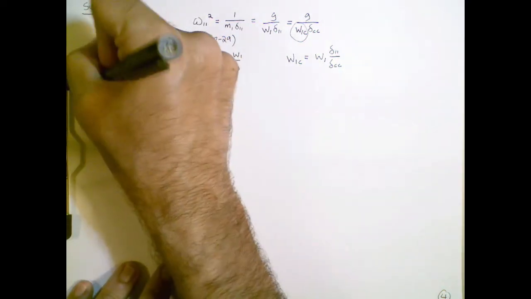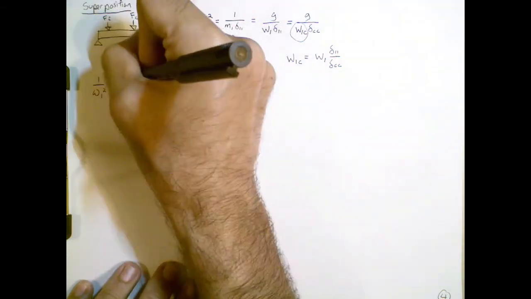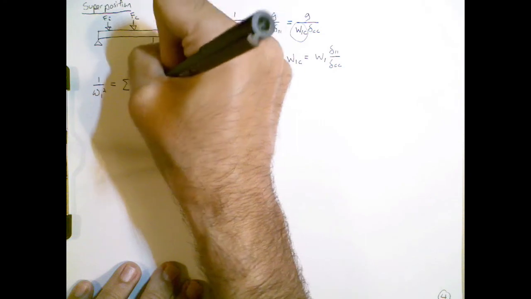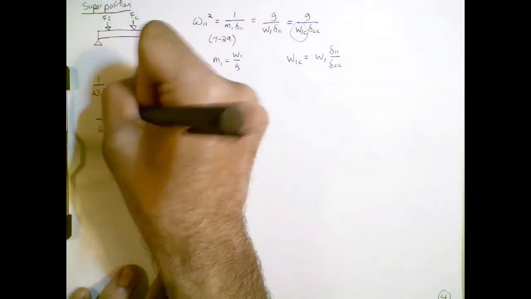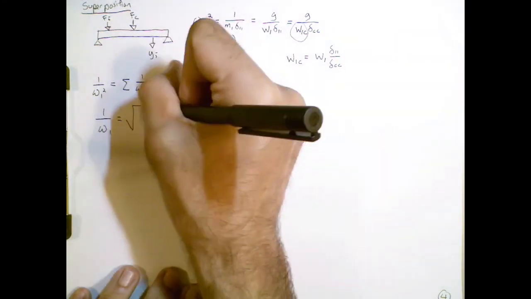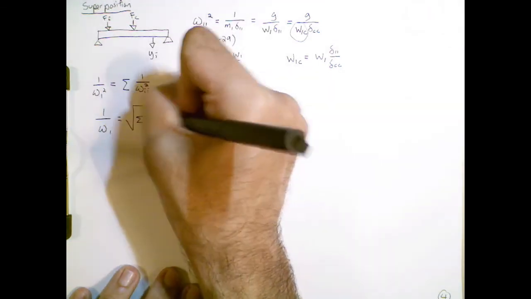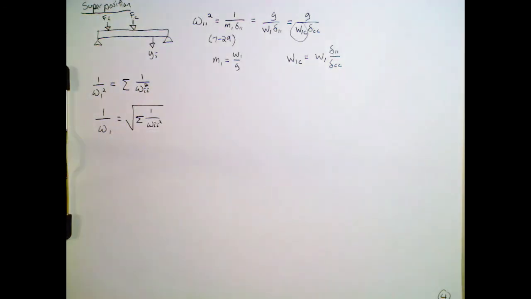So recall Dunkerley's equation, 1 over omega 1 squared is going to be equal to the summation of 1 over omega i squared. We can rewrite that: omega 1 is equal to the square root of 1 over the summation of 1 over omega i squared.